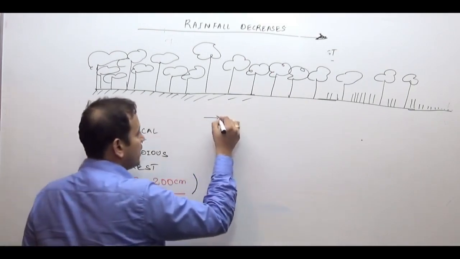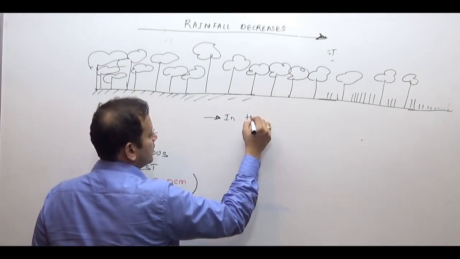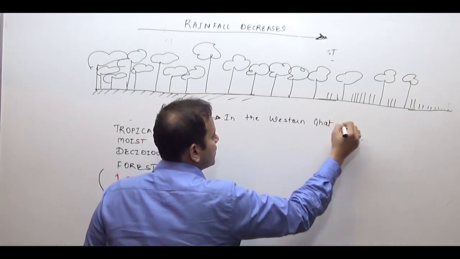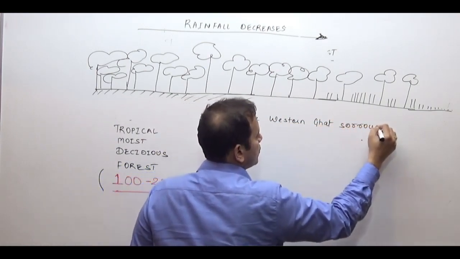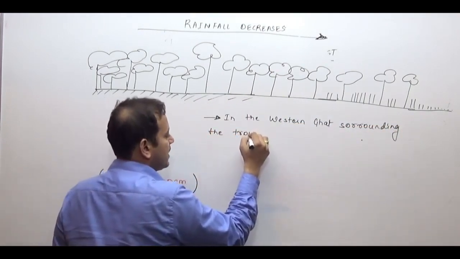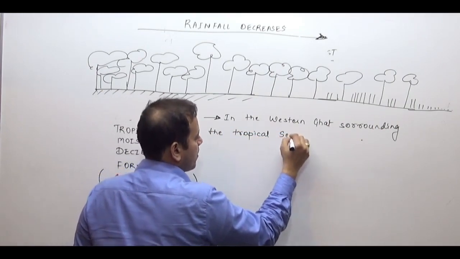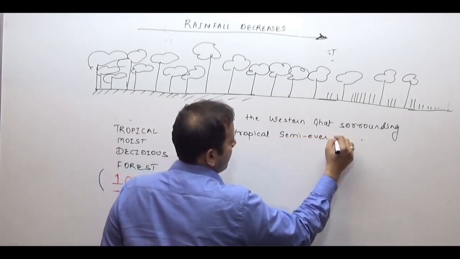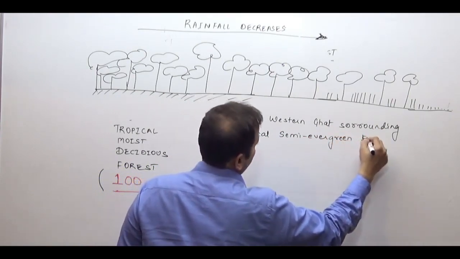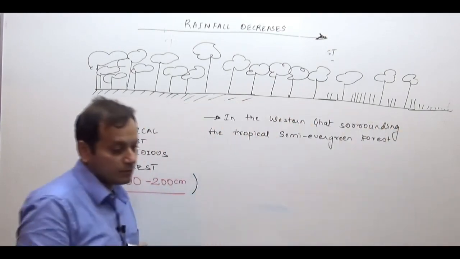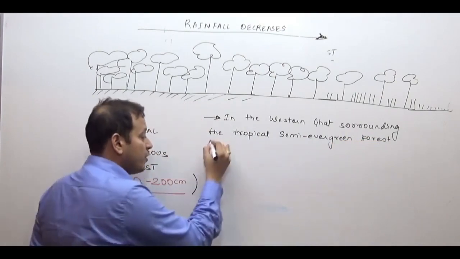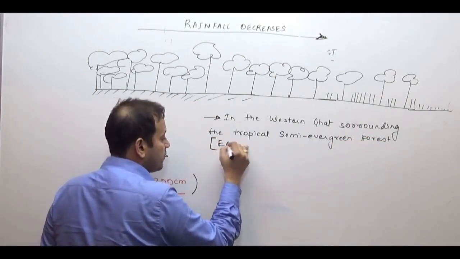They are found in the Western Ghat region, surrounding the tropical semi-evergreen forest and surrounding the tropical evergreen forest, more along the eastern slopes of the Western Ghats.